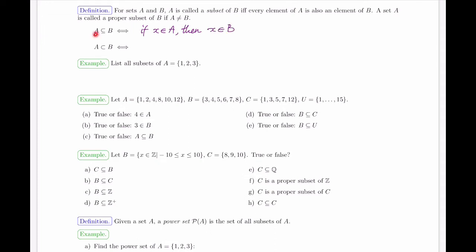For every element in here, once it's in here, it means that it's also within B. Whereas for the proper subset, I must have that it's first of all a subset of B, but also, and this is going to be an and, it cannot in fact be equal to B. It has to be strictly contained within B.